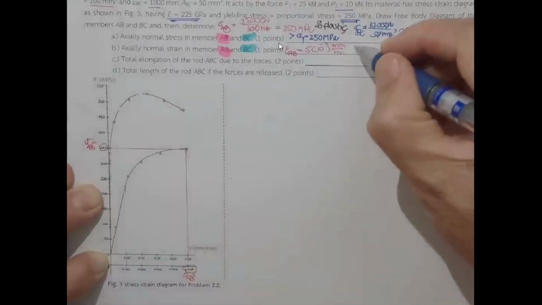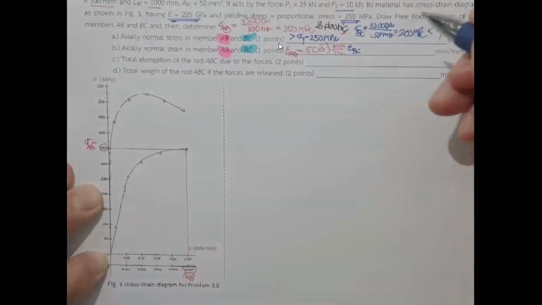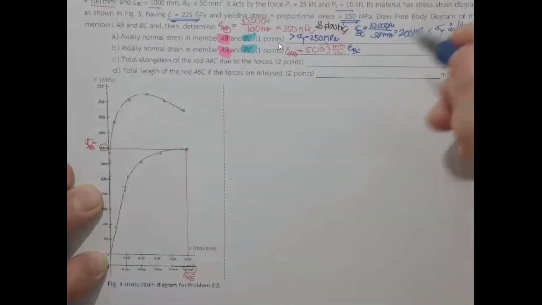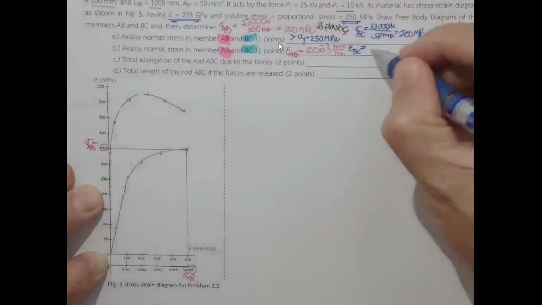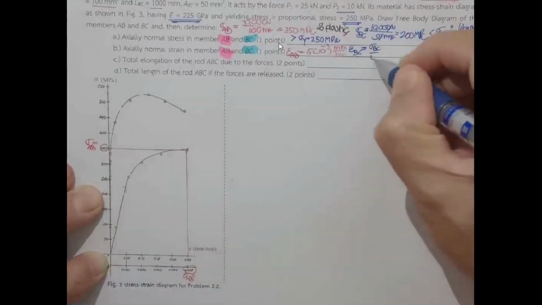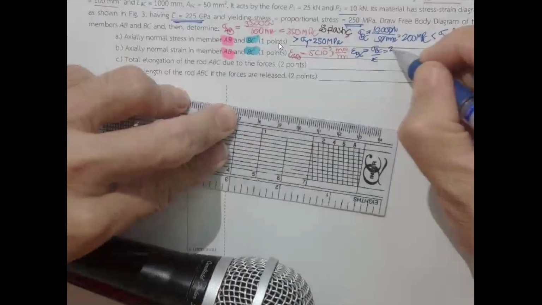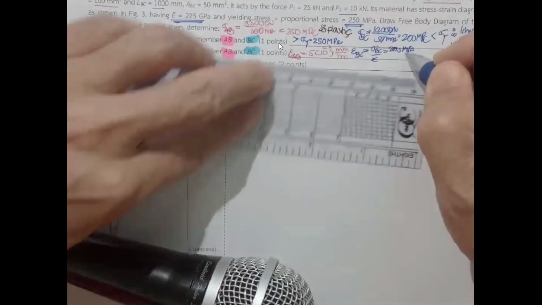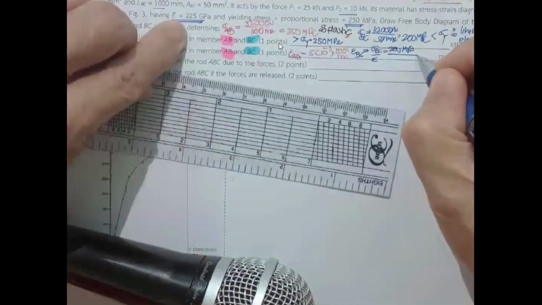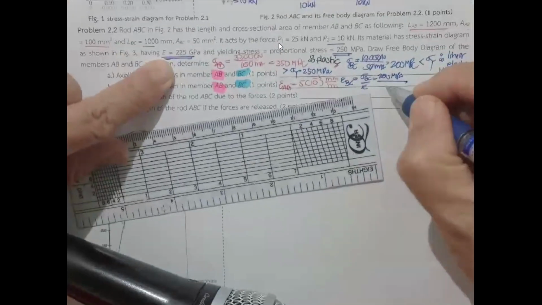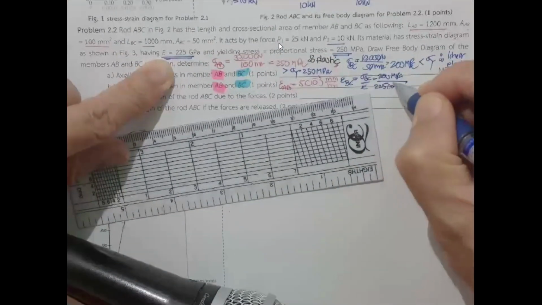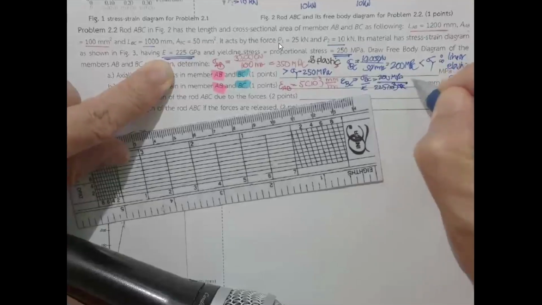Then for the strain sub BC, sigma equals E epsilon, so epsilon is going to be the stress sub BC divided by E. You have 200 megapascal divided by the given value over here of 225 times 10 to the power 3 megapascal.